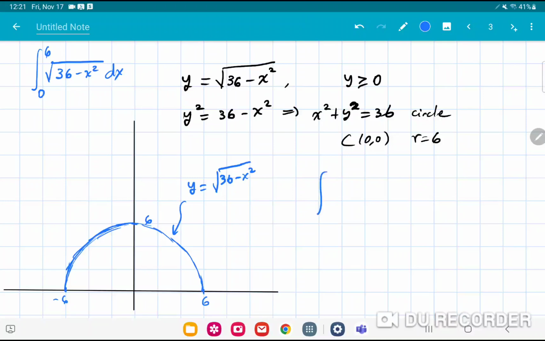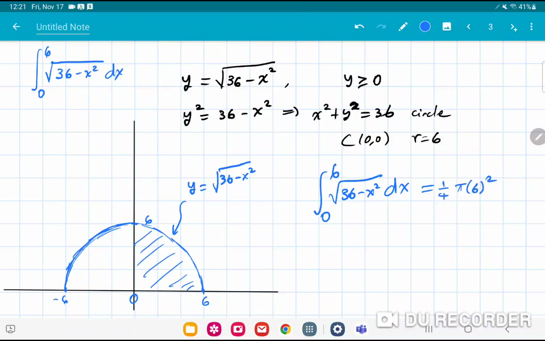So we want the integral from 0 to 6 of square root of 36 minus x squared dx. 0 is here. So what we're looking for is this area. That's a quarter of the circle. So that will be a quarter of pi r squared. R is 6.